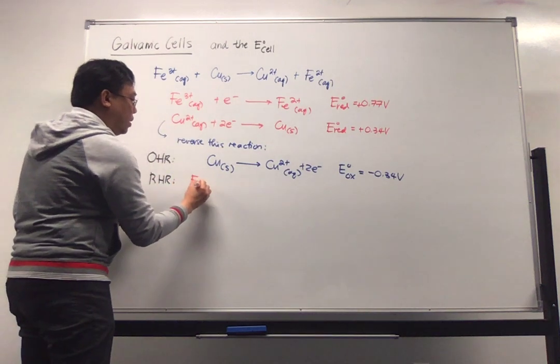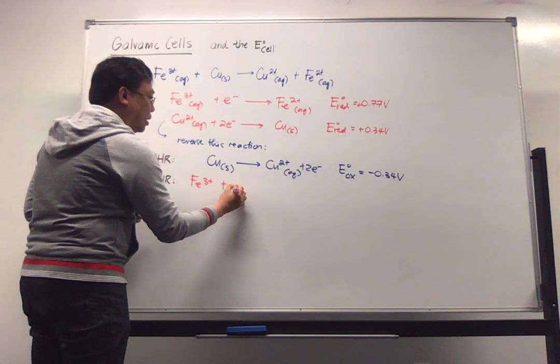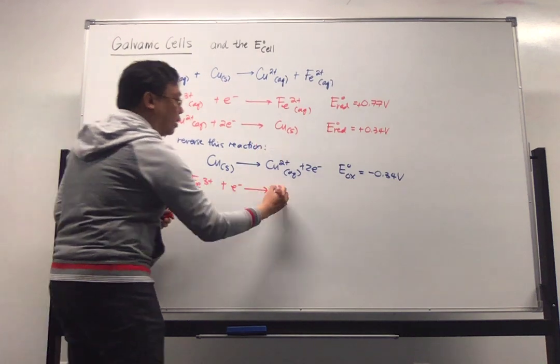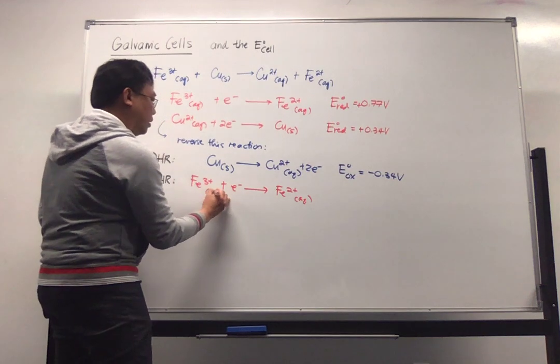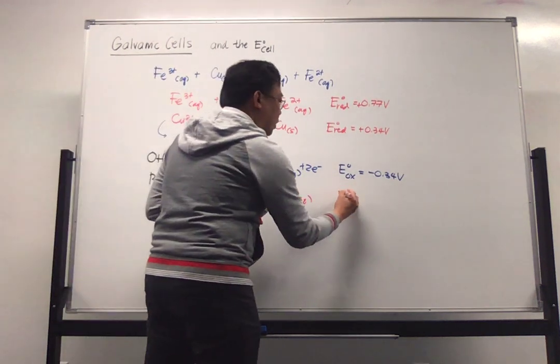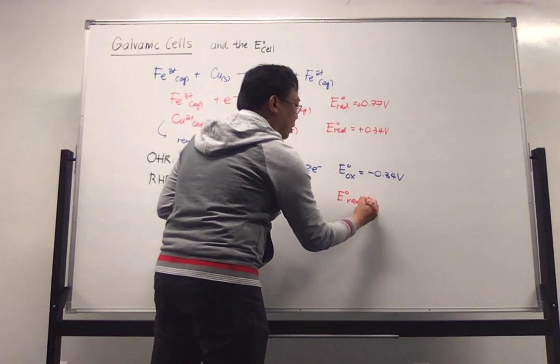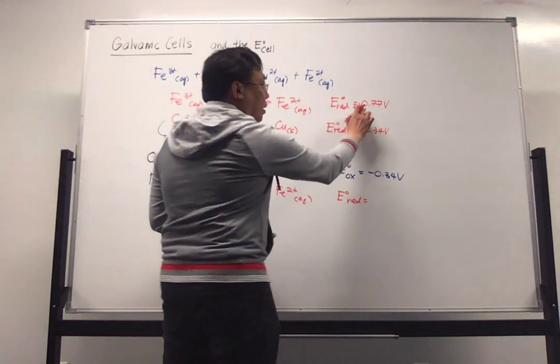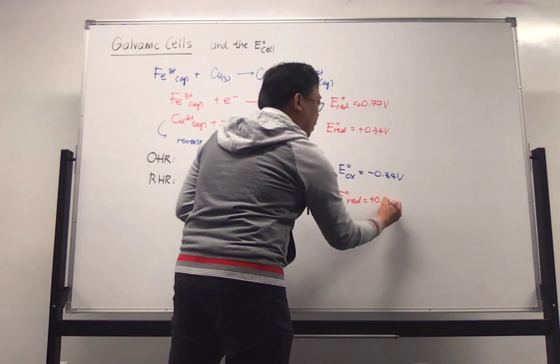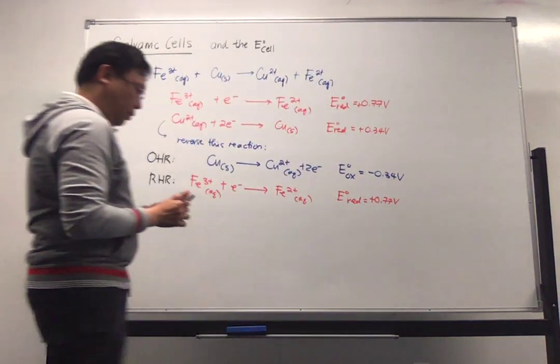So that's Fe3+ plus an electron forming Fe2+. And this one is the reduction part here. Look at that, oxidation, reduction, and it's still positive. We are just copying that. It's happening on its own.